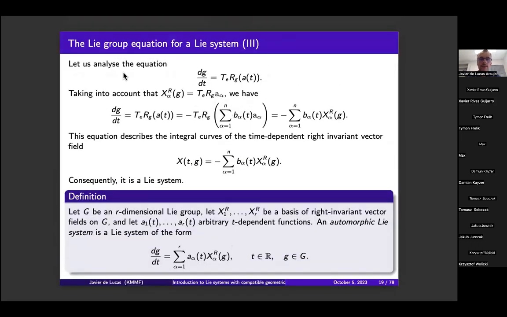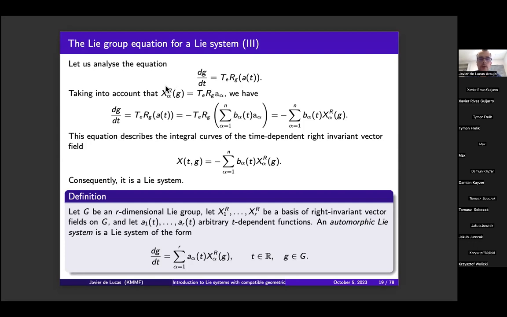So let us define the following thing. This system of differential equations on the Lie group. For every t, this is an element of the Lie algebra. So you can work out the right translation, the tangent to the right translation, and what you obtain here will be the following.